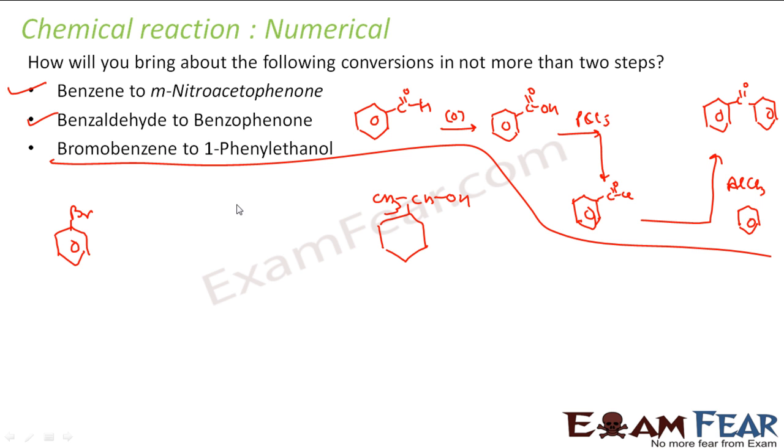What I can do is react with Mg, and in this case I'll make a Grignard reagent, MgBr. Once I have MgBr, I can react this with CH3CHO, and then with water, and I'll get this product. Not difficult, it is pretty easy.